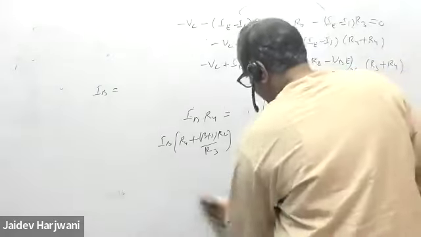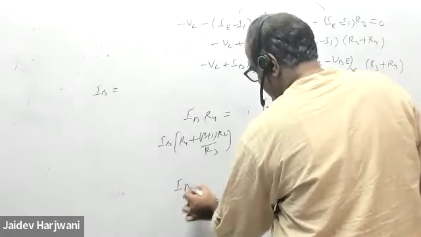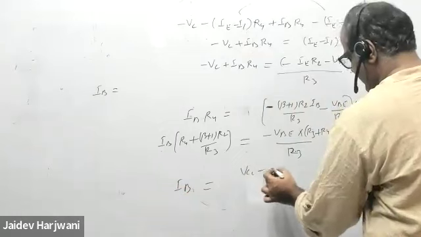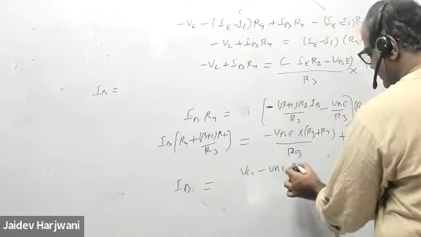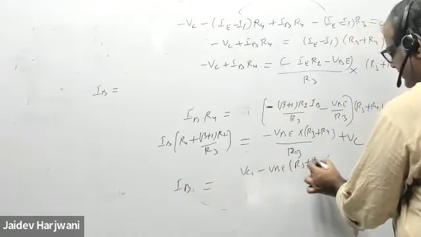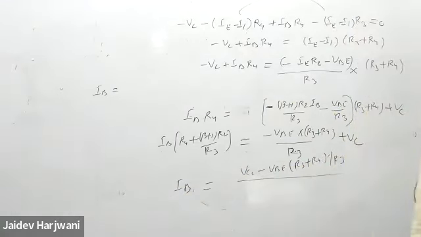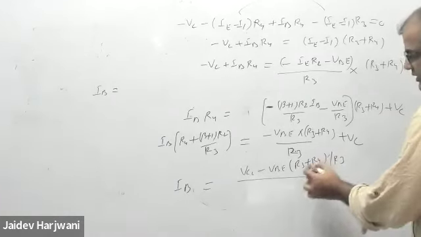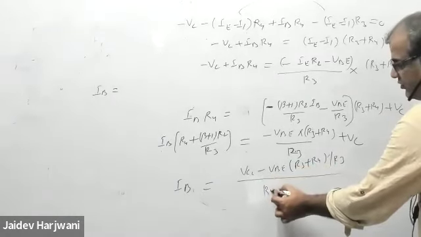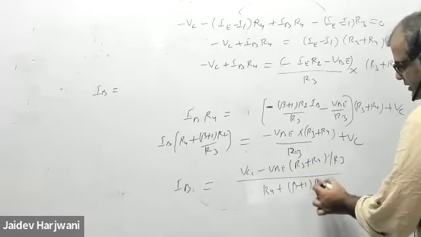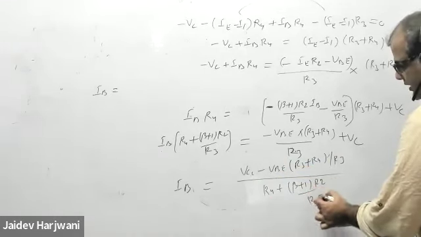Okay, and now IB will be this one, VCC minus VB R3 plus R4 upon R3, and this R4 plus beta plus 1 R2 R3.